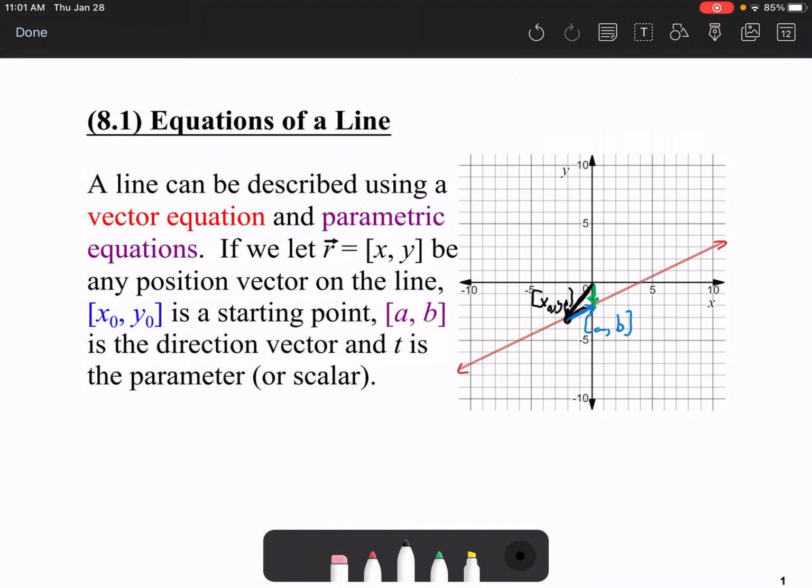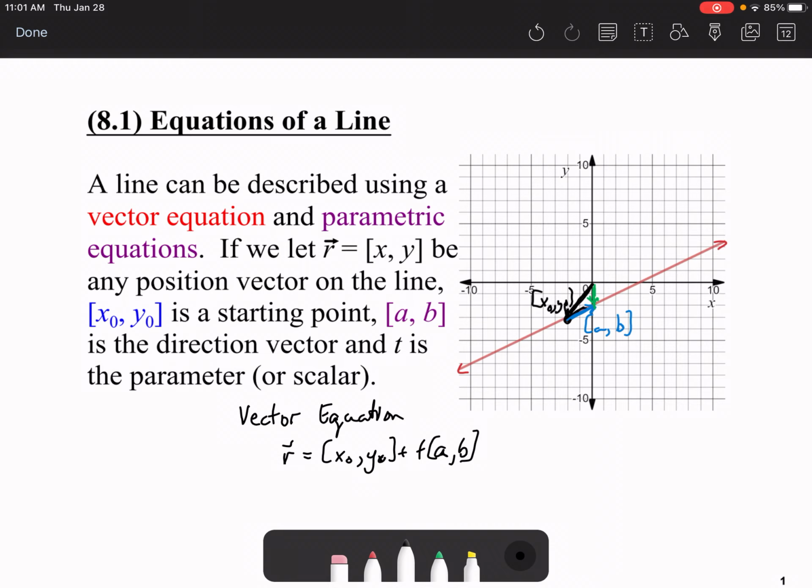So what we can do is create what's called our vector equation, which we describe as the vector r, starting at x0, y0 and adding any multiple of AB.